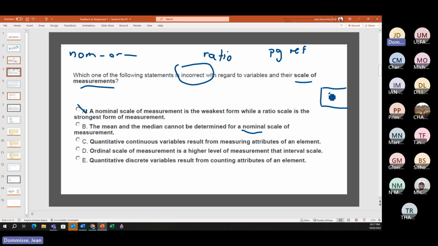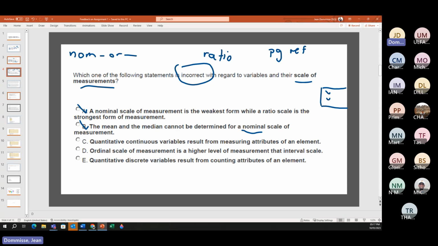So I can have MTN, you can have Vodacom. I can't determine a mean or a median on that data. I can only determine a mean and median on data that I can count. So I cannot determine a mean and the median on nominal data. So the mean and the median cannot be determined is also correct.